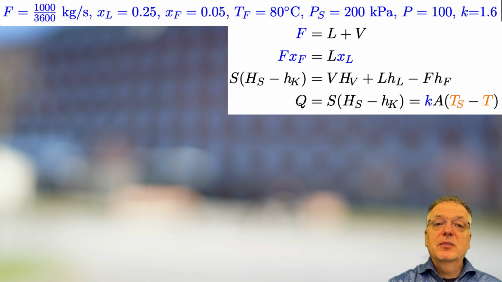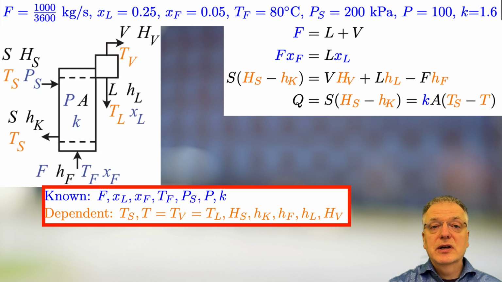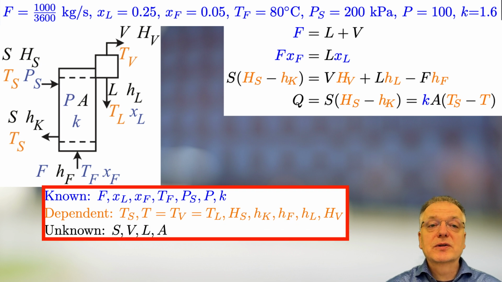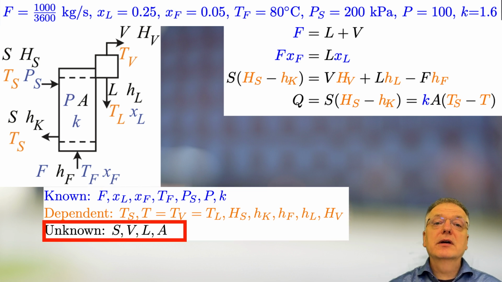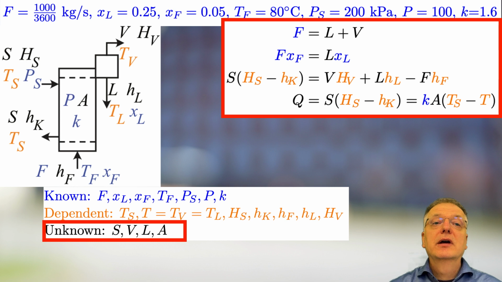Remembering that enthalpies can be calculated from temperatures and compositions, that leaves us with the following unknown variables: liquid flow L out, vapor flow V out, steam flow S, and heat exchanger area A. We thus have 4 unknowns and 4 independent equations. As you might remember from your mathematics courses, this means that we have a solvable system.